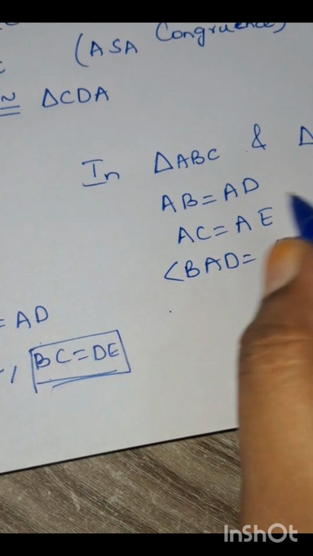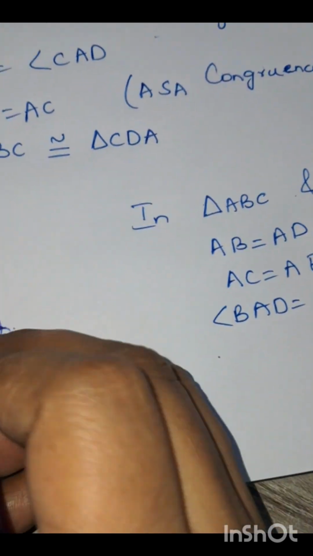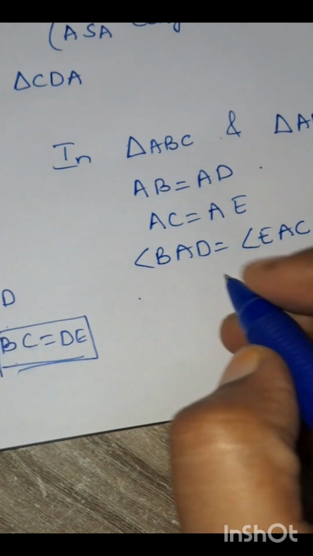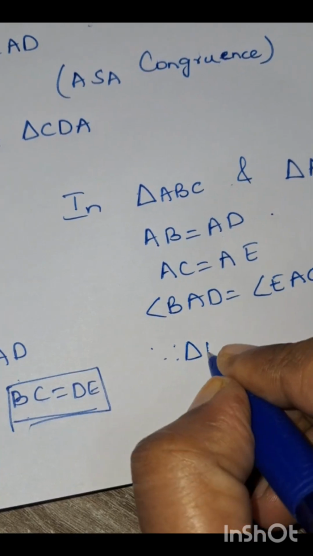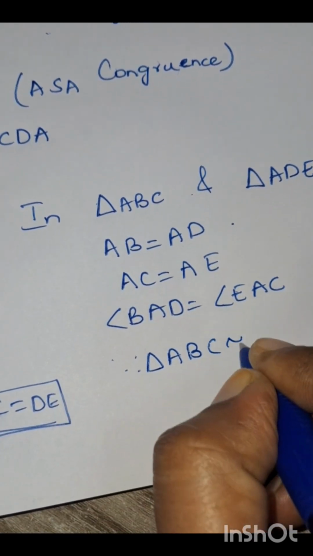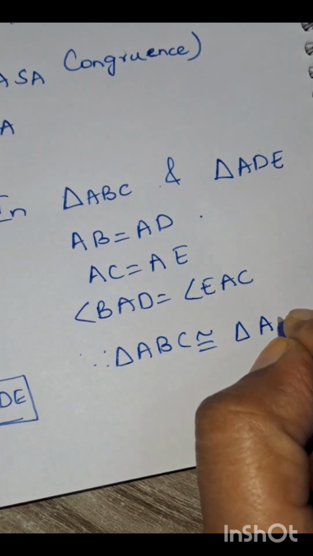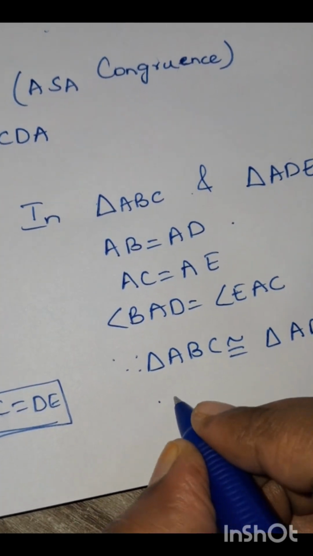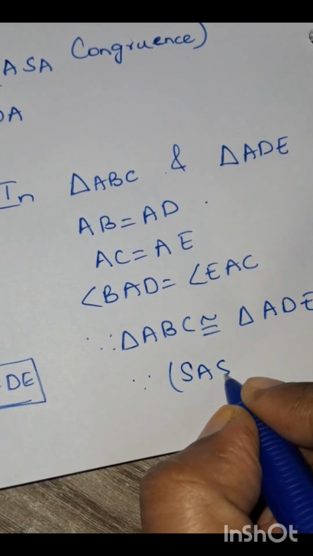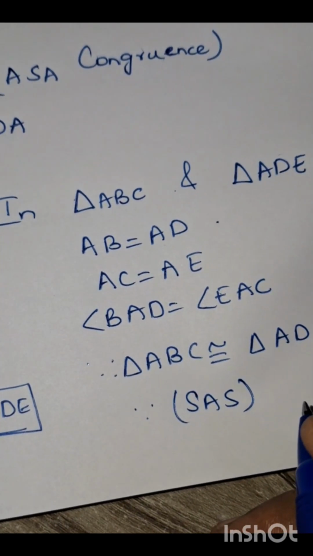So here you can see one side, angle and side. Therefore triangle ABC and triangle ADE are congruent to each other by SAS congruency, side angle side.